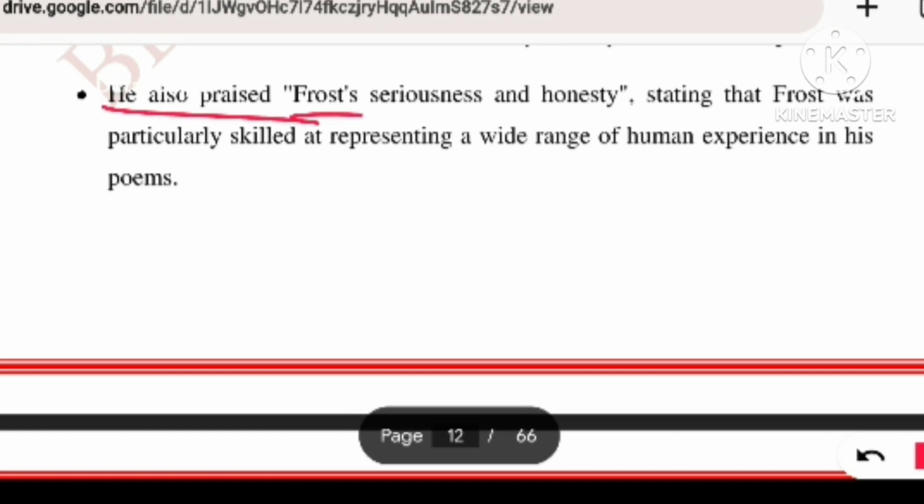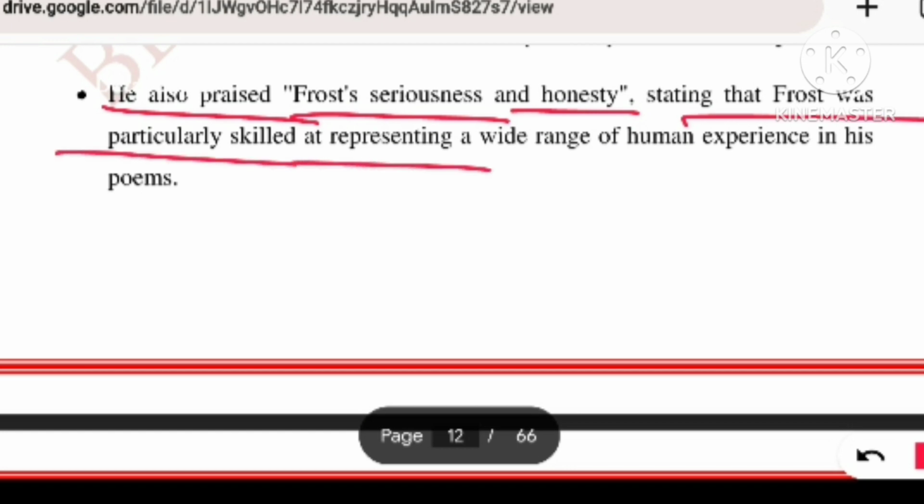He also praised Frost's seriousness and honesty, stating that Frost was particularly skilled at representing a wide range of human experience in his poems. Now see, this variety of expression is possible when we are engaged with these people. When we talk to these people and we are amongst those people, then we will be able to know them, and poet Robert Frost has done the same here.